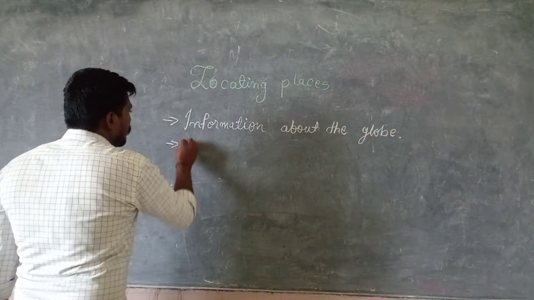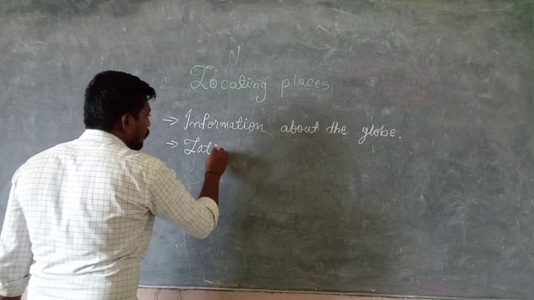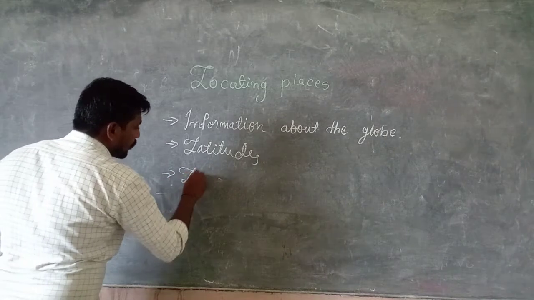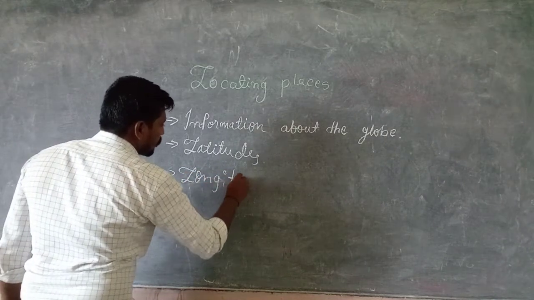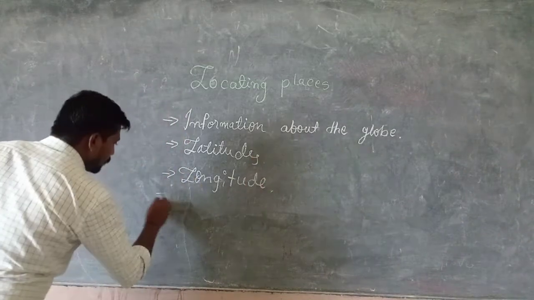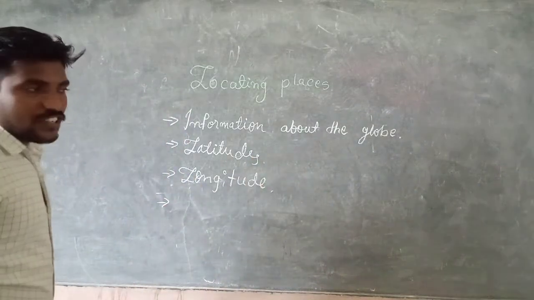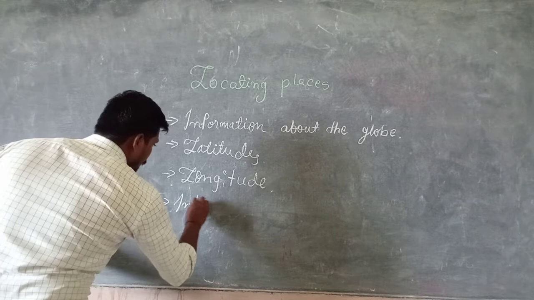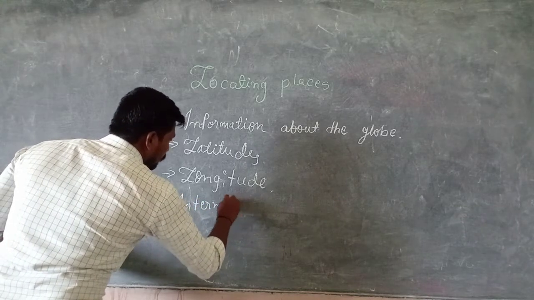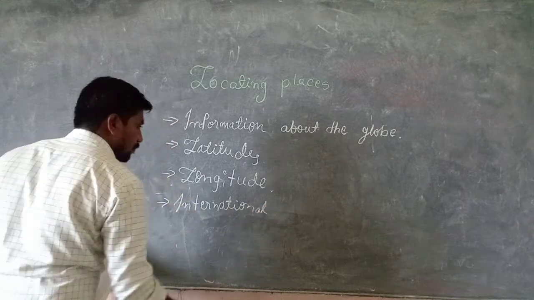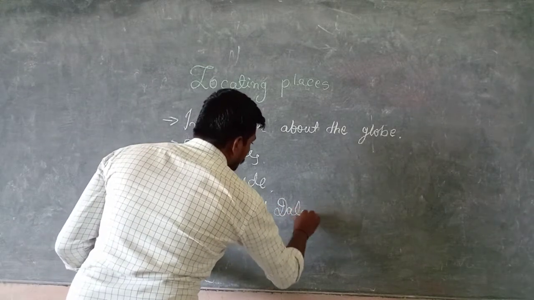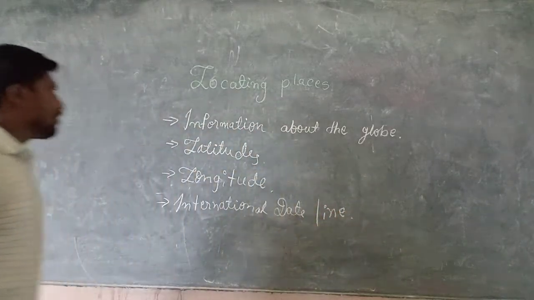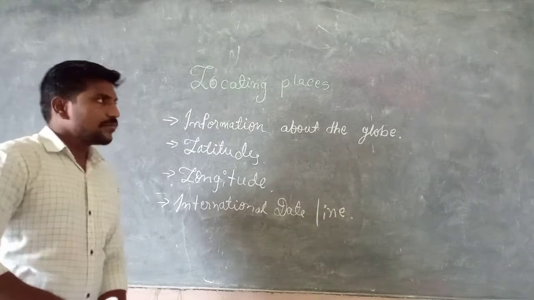The second one is latitudes, the third one is longitude, then the last one is the Greenwich line or international date line. These 4 major points we are going to study in this lesson.